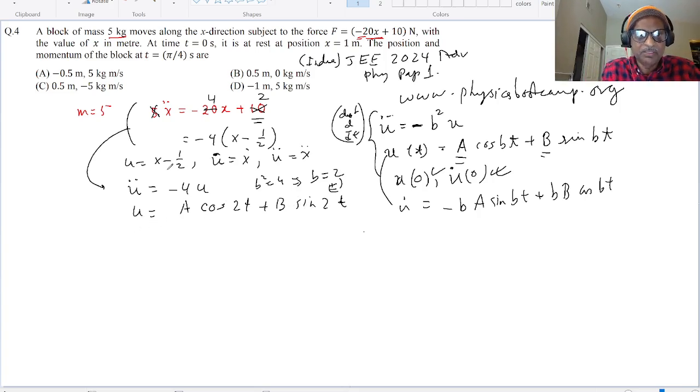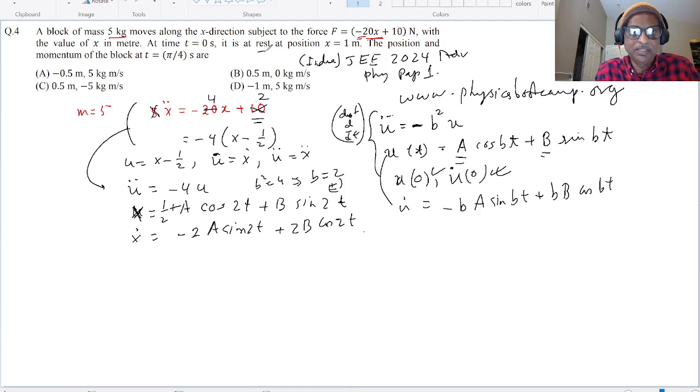That just means x is going to be u plus a half, so this is half plus that. The x dot will be minus 2a sine 2t plus 2b cosine 2t. So what it's saying is that at rest means x dot is equal to 0 at t equals 0, and x equal to 1 at that time.